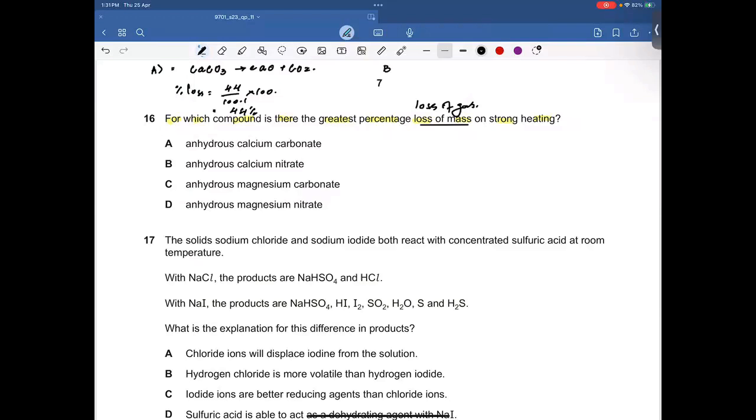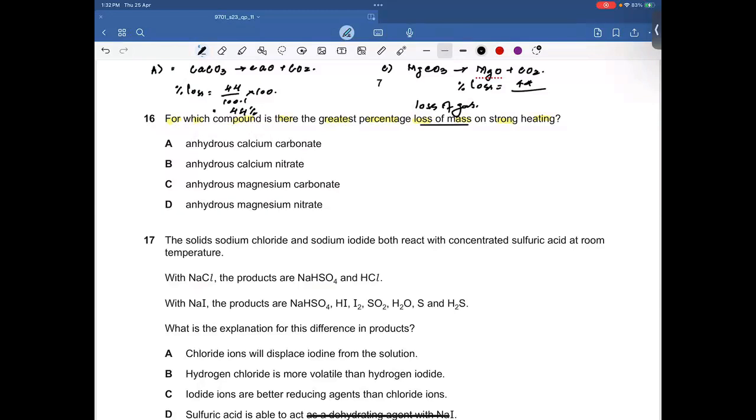Let's talk about C, because first we need to find the magnesium carbonate, which is decomposed on heating, converting into magnesium oxide and carbon dioxide. Again, we need to consider carbon dioxide for percentage loss. Carbon dioxide has an MR of 44. Magnesium carbonate has an MR of what? Now we need to calculate the MR of magnesium nitrate. Sorry, magnesium carbonate.